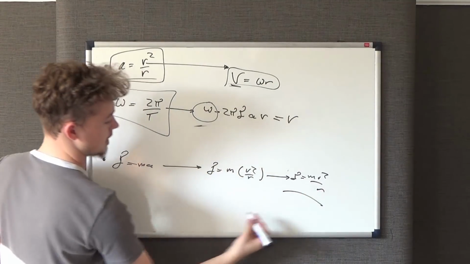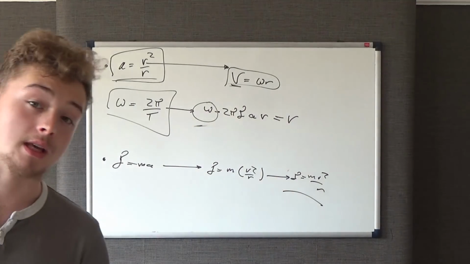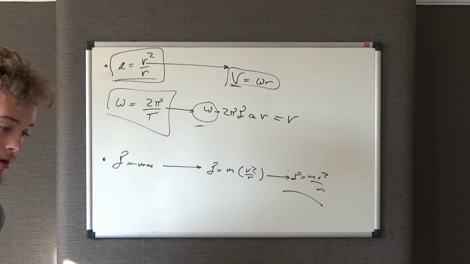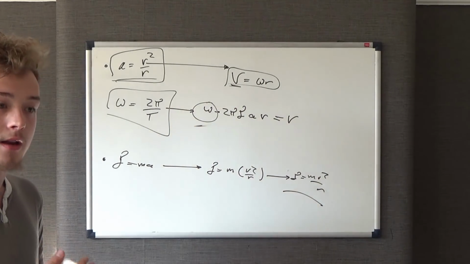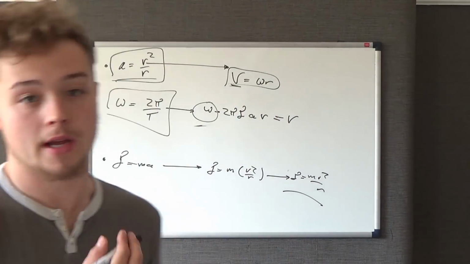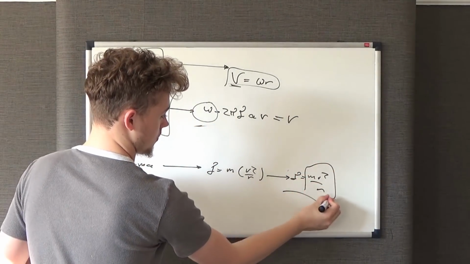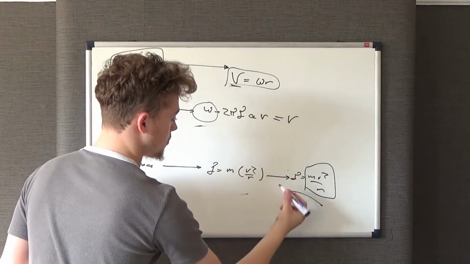Now, if it asks what's the maximum velocity that a certain object can move at, and it might give you the velocity or whatever, that's where your force will be at a maximum.